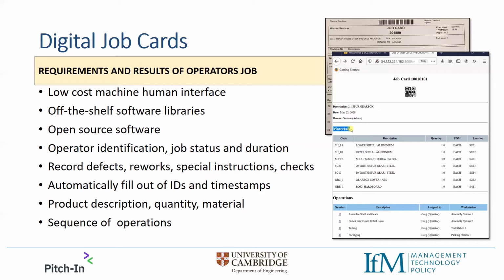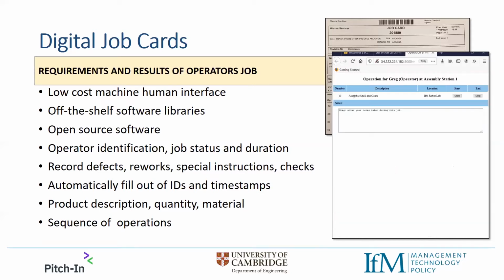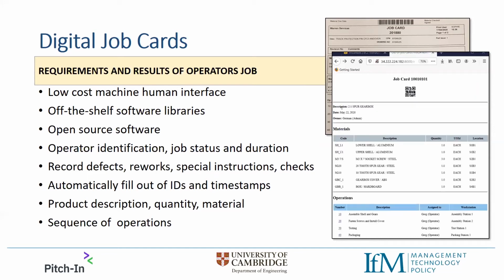Then with a reader, you associate the operator ID, the part that arrived, and the station. The operator will then have in front of them a screen like what you're seeing now, telling them what to do, and allowing the operator also to enter other information, such as starting the shop now, putting in notes if something went wrong, and when the operation is done, saying log out, I just finished, and the part goes to the next station.